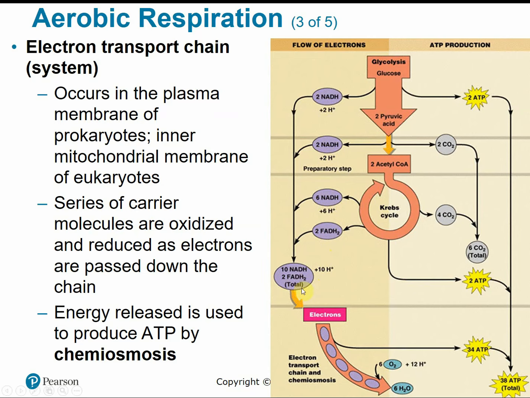All these total should translate into a profit of 34 ATP. And then if we add in the 4 ATP we generated in the previous steps, we have a total of 38. Aerobic respiration is by far the most efficient means of ATP production.